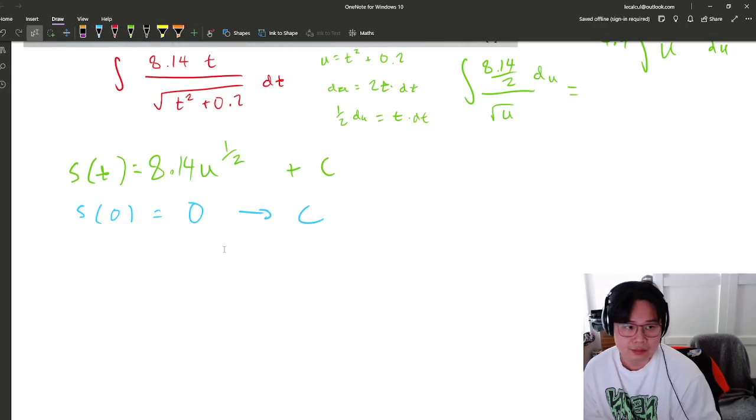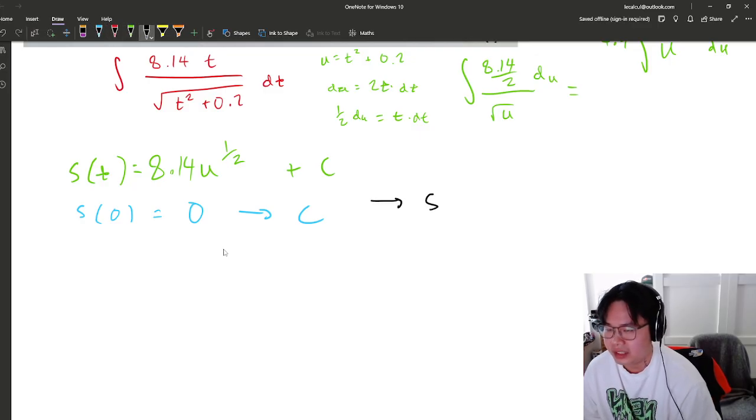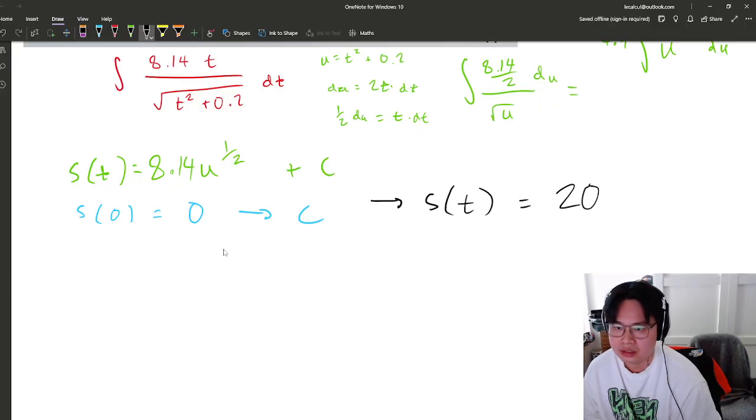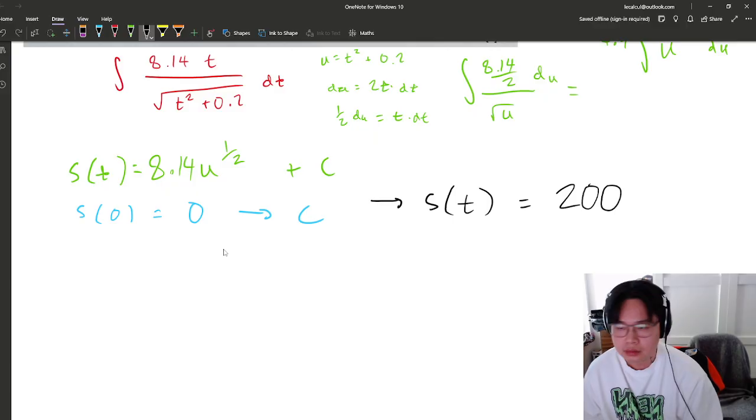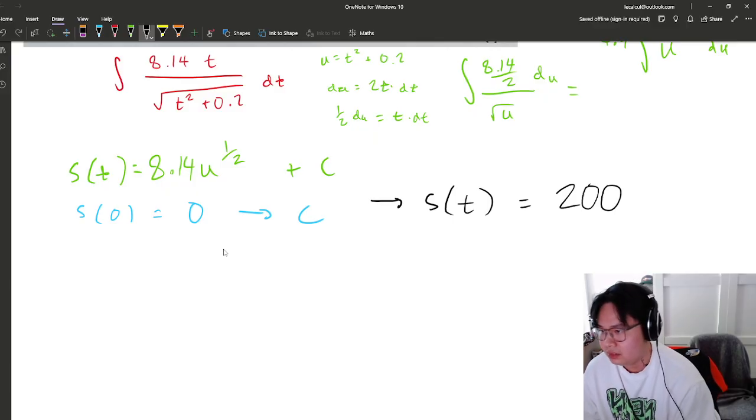And then we need to find the time that she takes to complete the race. So that means S of t is equal to 200 meters, and then solve for u, or t.